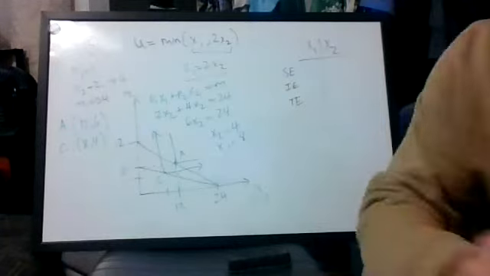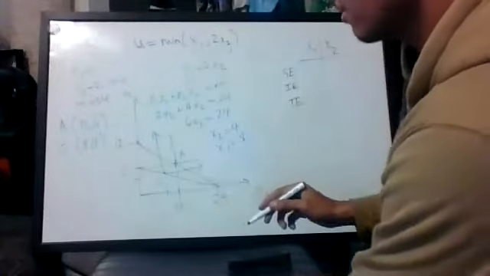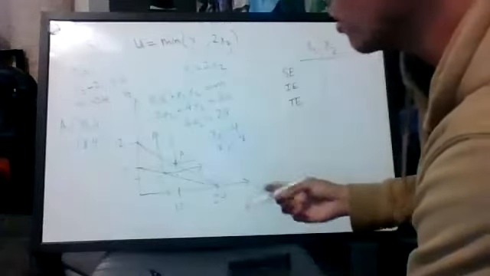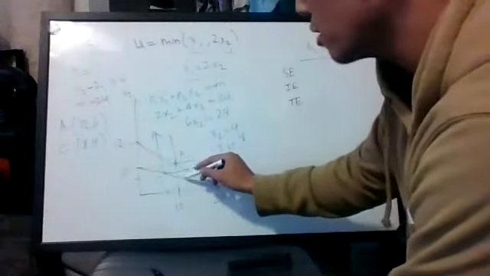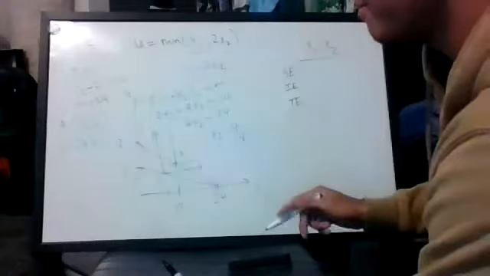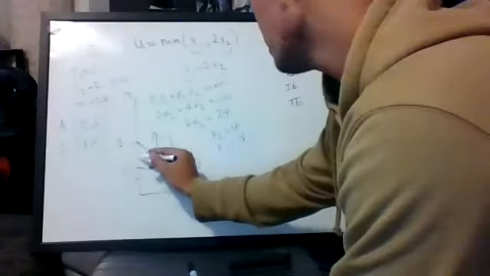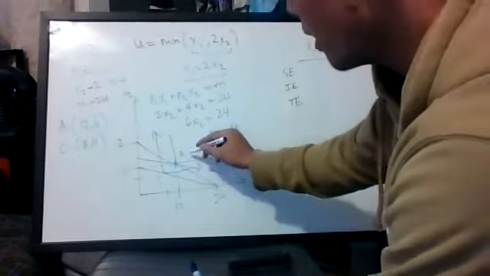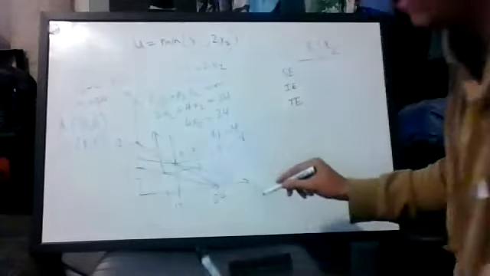So with perfect complements, we know that our budget constraint will have to be parallel to this new budget constraint. And so that's actually going to intersect at a point that looks like this, where A and B are the same.